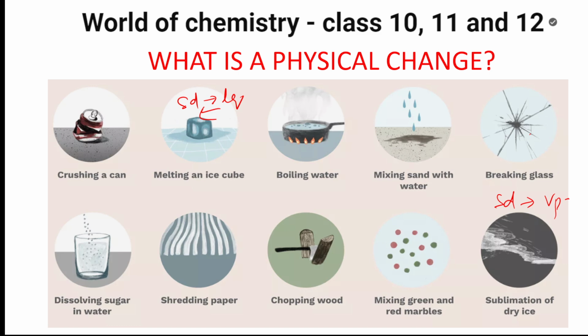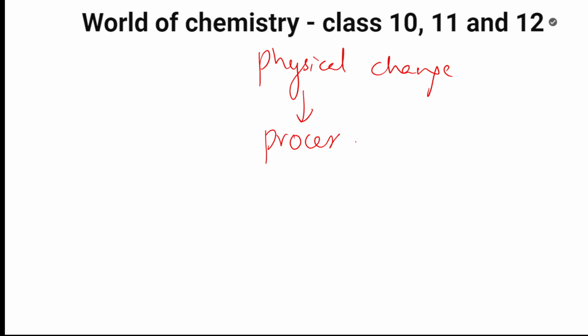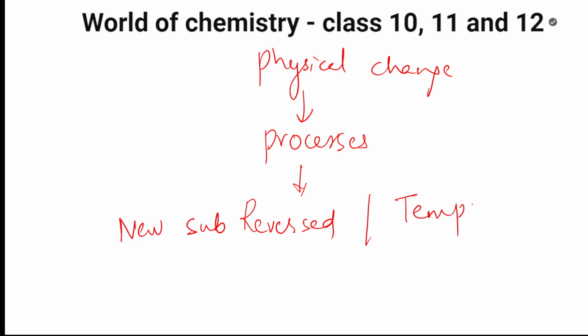All the physical changes you're seeing are also processes, like the process I mentioned initially. But here, whatever new substance is formed can be reversed. The change, whatever is physical, is all temporary in nature.